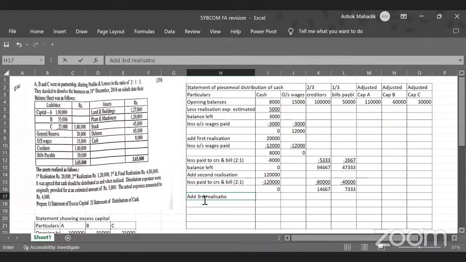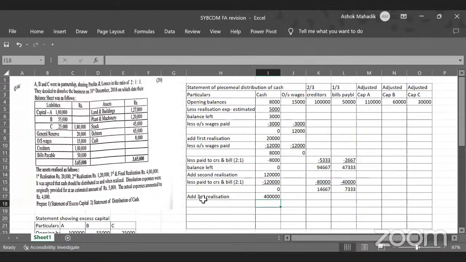Students, this sum is important. It may come for 20 marks, so do pay attention and revise it later. What is the amount of the third realization? 4 lakh rupees. So I'll write 4 lakh rupees.